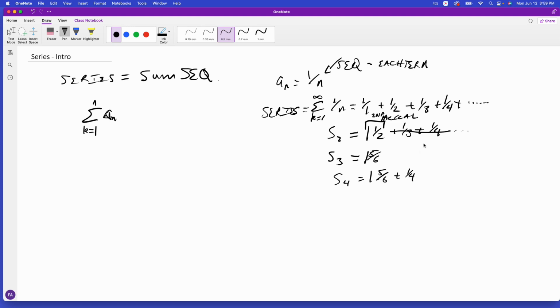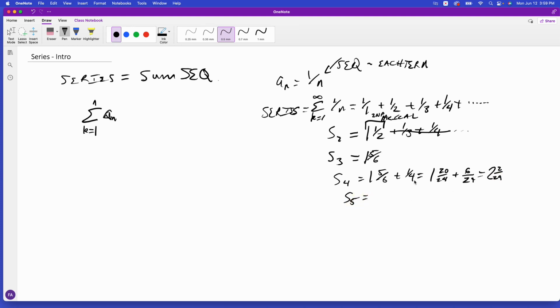So you get a common denominator of 24 at this point, and you have 1 and 20 over 24 plus 6 over 24, which gives us 1 and 26 over 24, or 2 and 2/24, or 1/12. And you just keep on going, so you can then find the next sum.